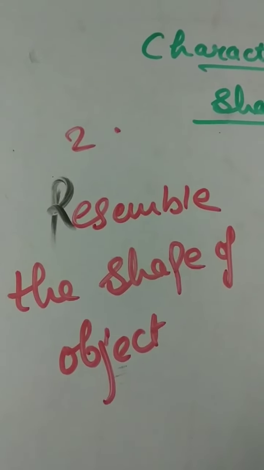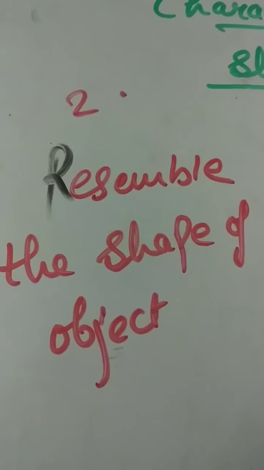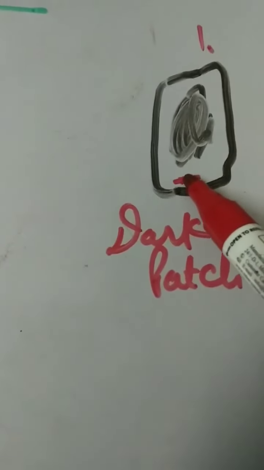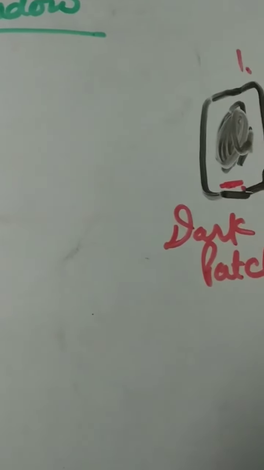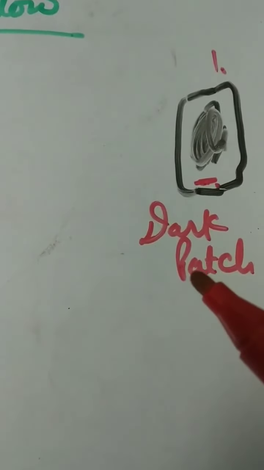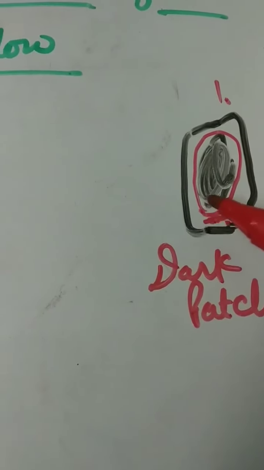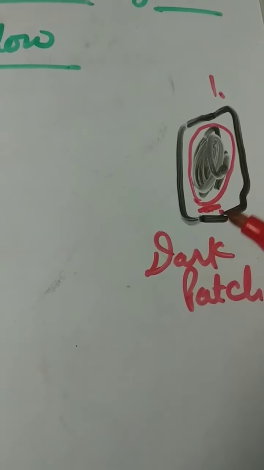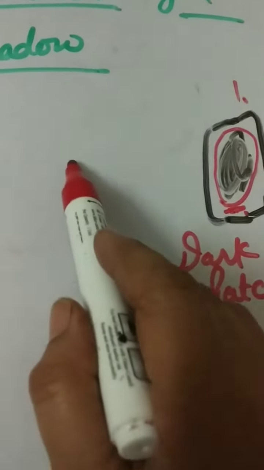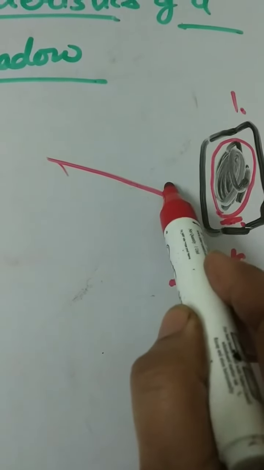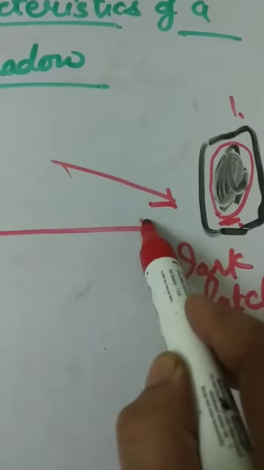Second characteristic, it may or may not resemble the shape of the object. Shadow only shows the outline of the object and keeps changing according to the angle of light falling.